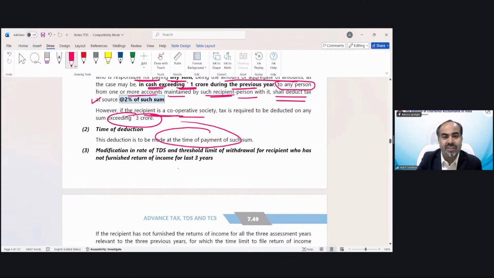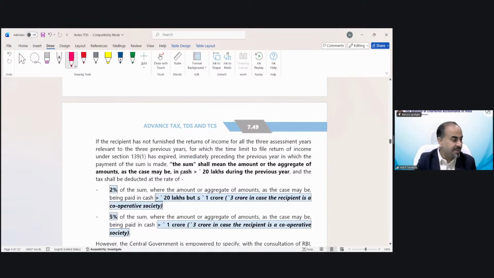Now, modification in the rate of TDS and threshold limit of withdrawal for a recipient who has not furnished return of income for the last 3 years. The very interesting fact is this. Suppose we are talking about withdrawal in previous year 25-26.